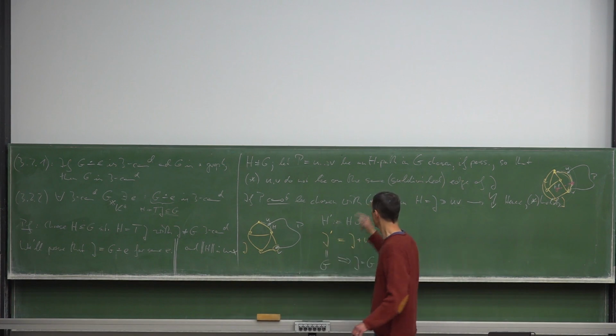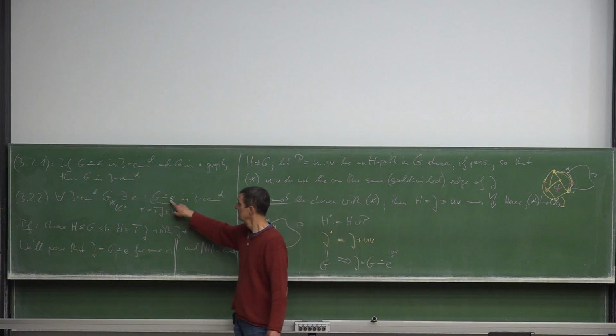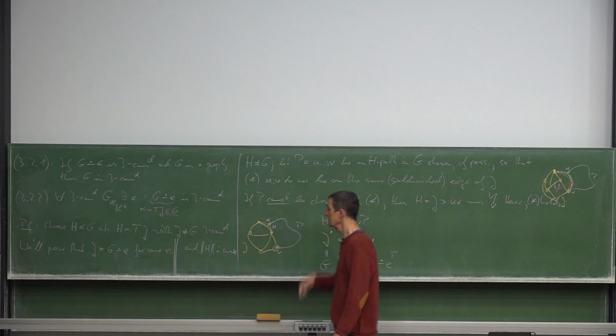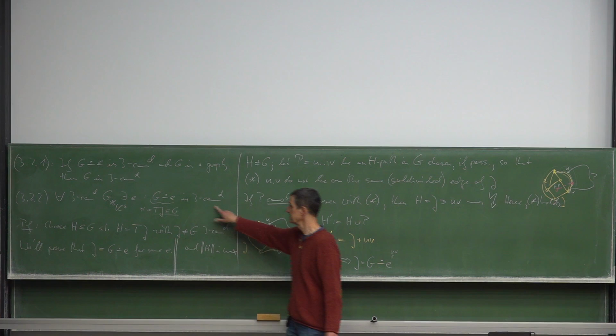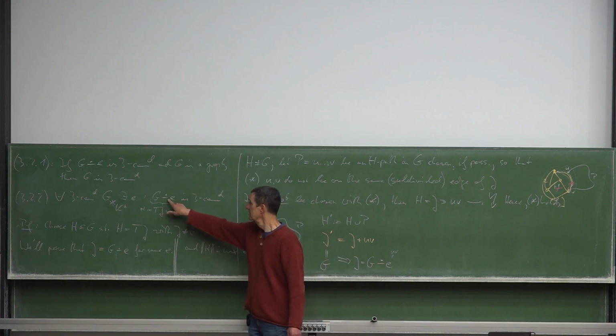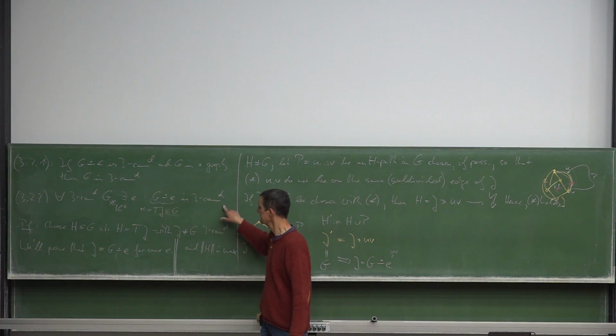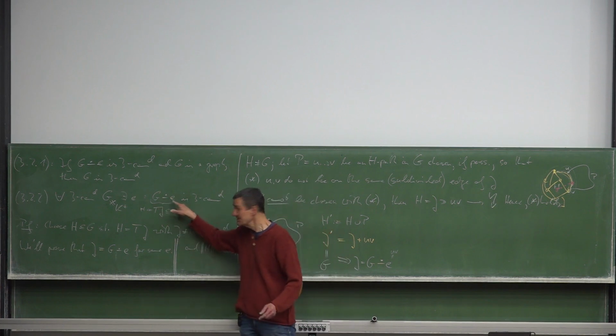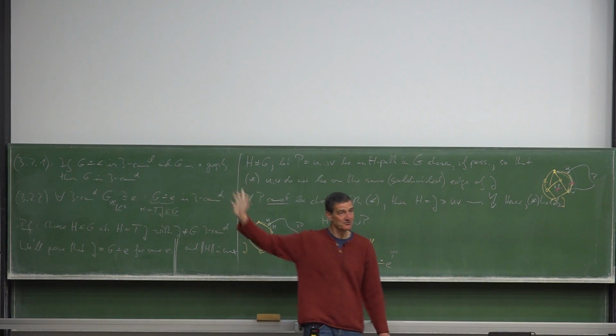Because we know that the graph we're hunting for, this, is a subdivision of something smaller, right? And we want it to be three connected. So this is three connected, and then without the dot, we get a subdivision of something three connected, namely of this, if the theorem is true.